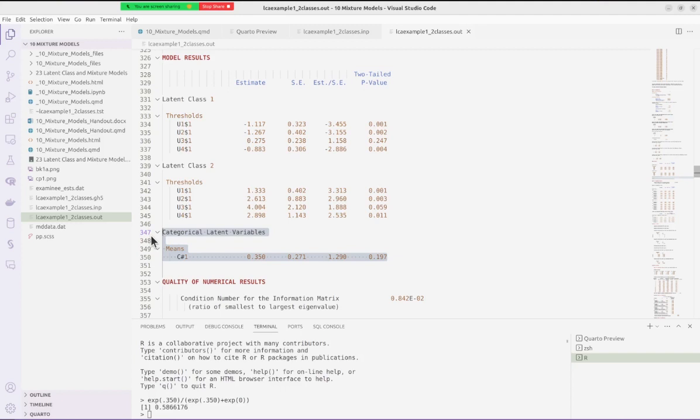Any questions on that so far? It's a lot, isn't it? Get used to seeing lots of output. Okay.